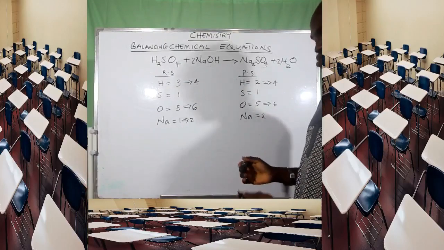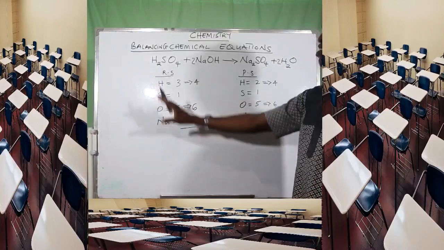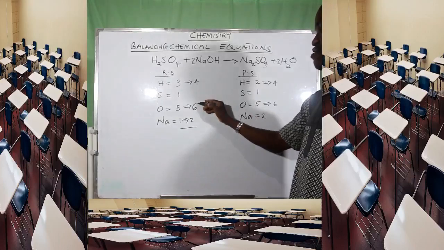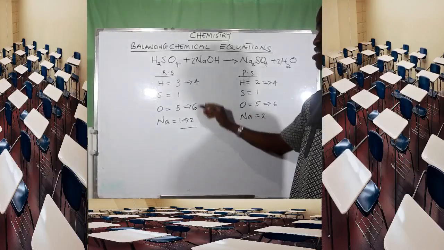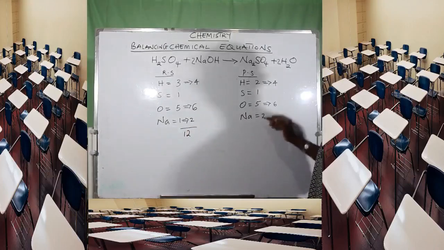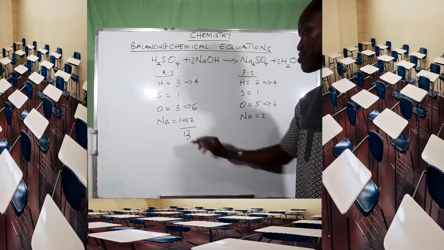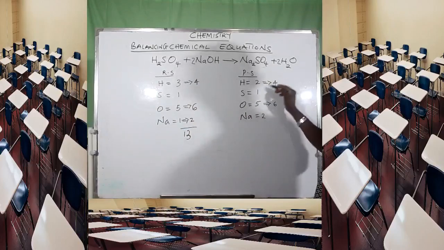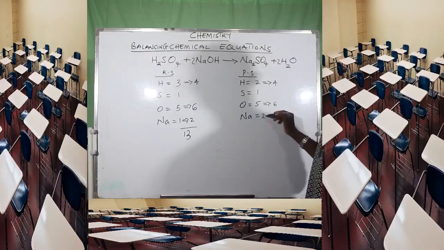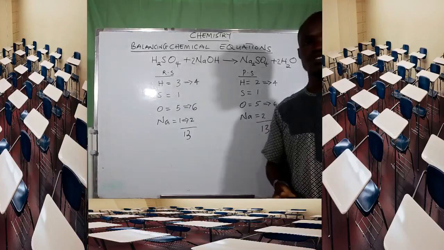In this case, we check the total number of atoms on the reactant side: 6 plus 4 making 10, plus 2, that gives us 12, plus 1 making 13. Then come to this side: 4 plus 1 is 5, plus 6 is 11, plus 2 is 13. So you can see the equation is balanced.